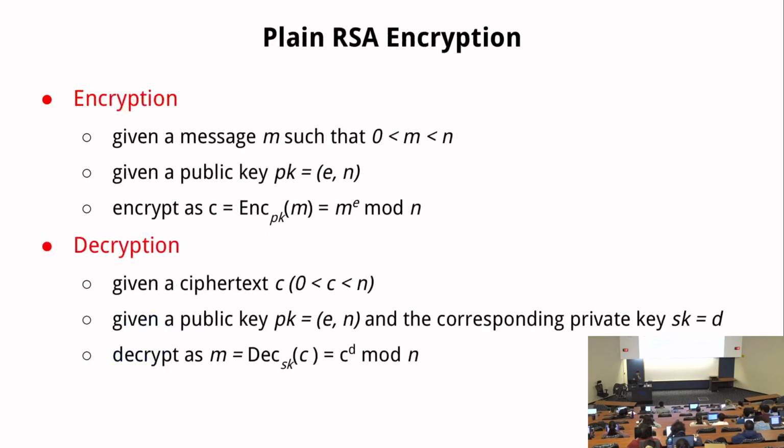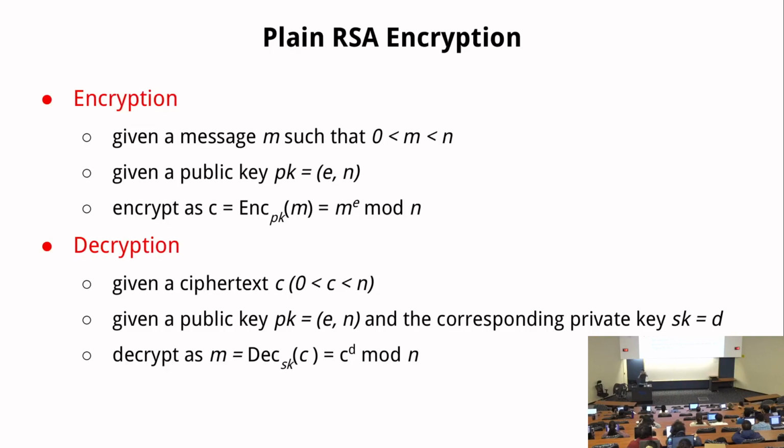So next we look at how the encryption works. Given a message M, the M should be smaller than the N we chose there. Then the encryption works as we compute M to the power of E. Because E is public, anyone can compute this.